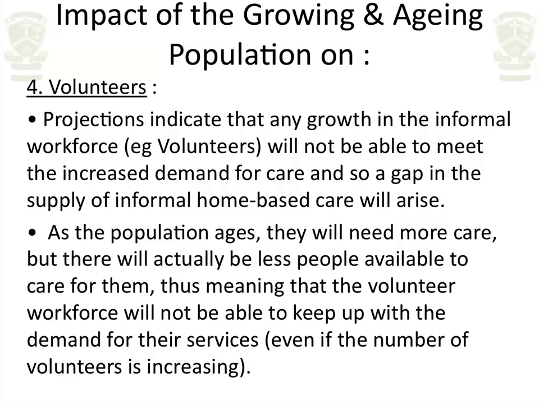So again, it's all going down the same path: the growing and ageing population is increasing significantly, but the actual workforce or people available to care for this growing and ageing population is not increasing at anywhere near the same rate. So therefore, as we see here, the volunteer workforce is not going to be able to keep up with the demand. Supply is getting away from demand, so there's a shortage of people. So that's across the board.